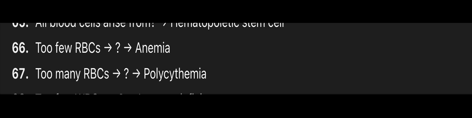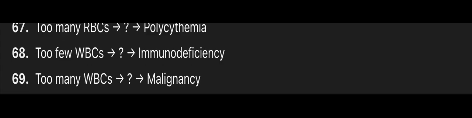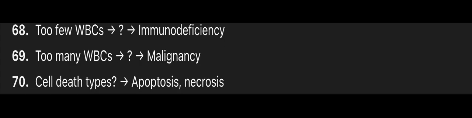Polycythemia. What is it called when there are too few white blood cells? Immunodeficiency. What is it called when there are too many white blood cells? Malignancy.